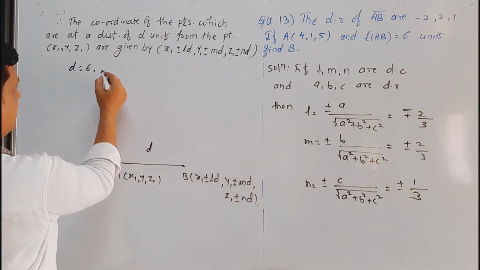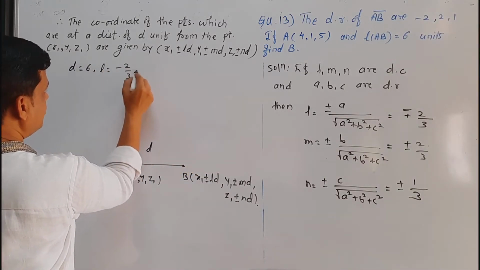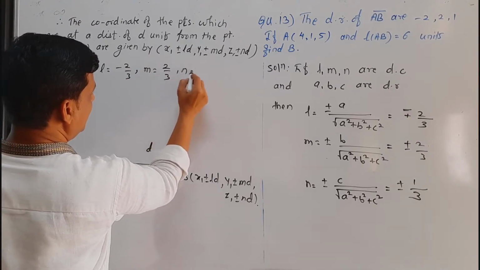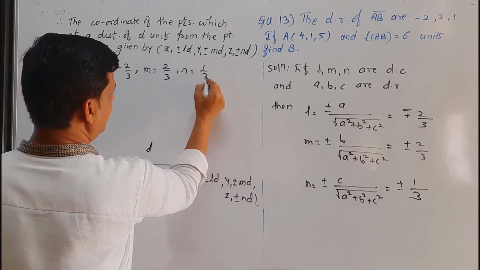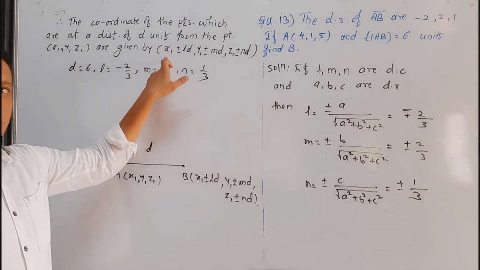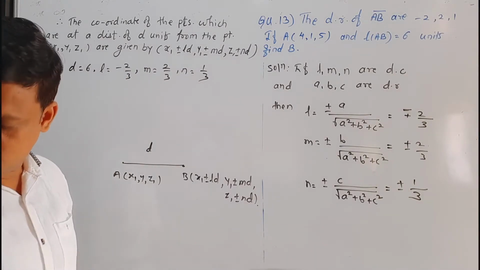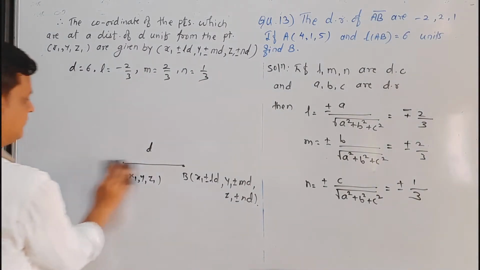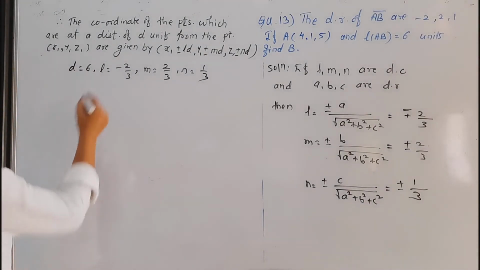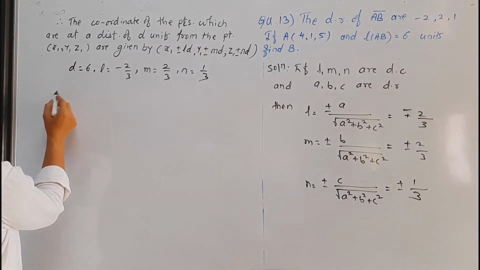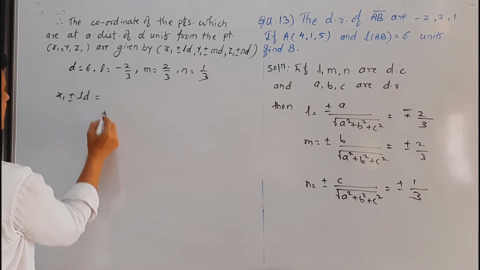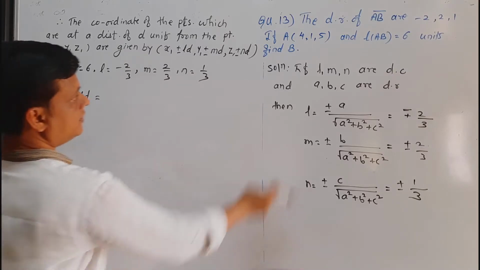We take l equal to minus 2 by 3, m equal to 2 by 3, n equal to 1 by 3. Now substitute the values. We get the coordinate of point B. So we write here x1 plus or minus ld, where x1 is 4.